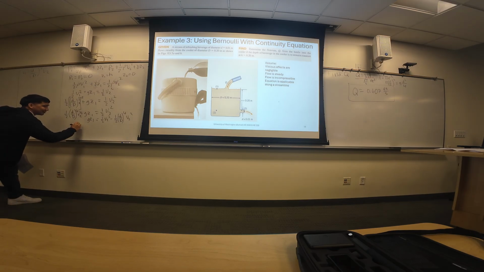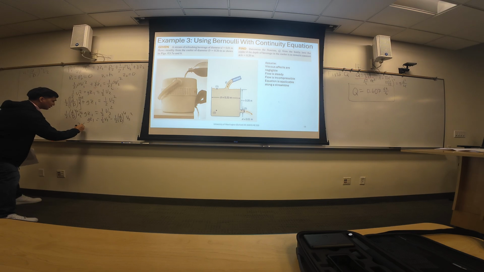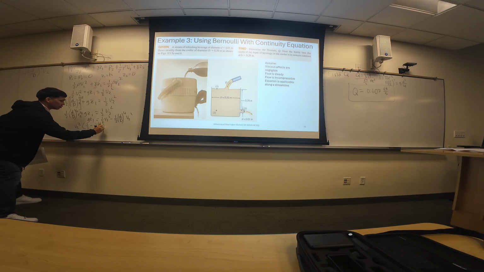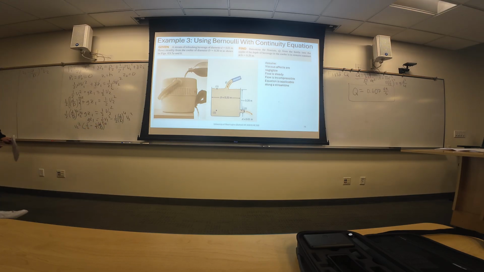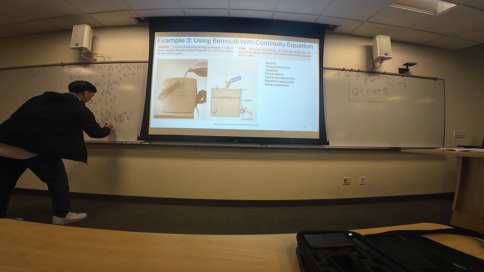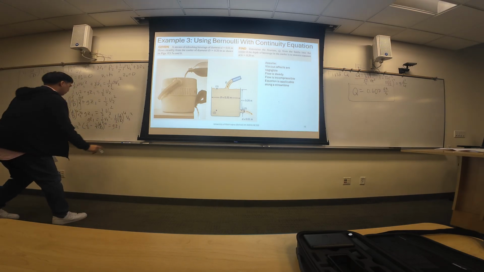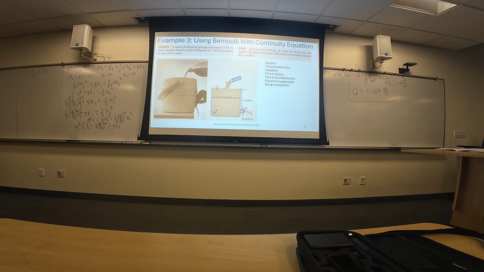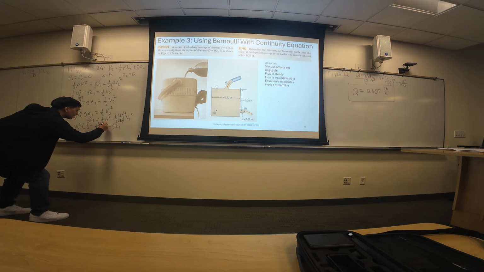So V2 squared minus, let's make sure that's right. We have, move there, V2 squared is out. 1/2 minus 1/2 D to the 4. Parentheses here.